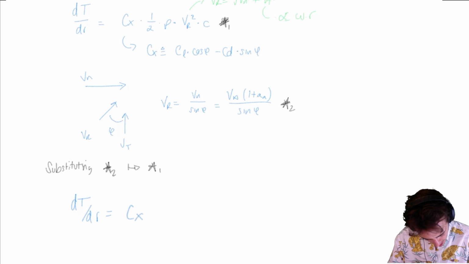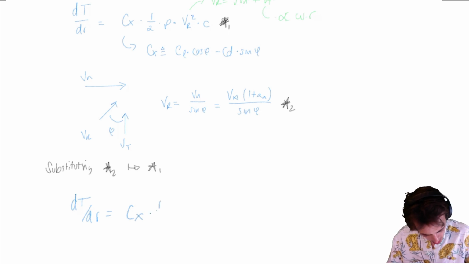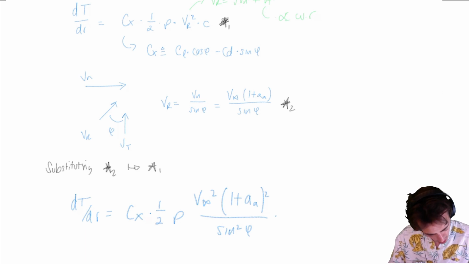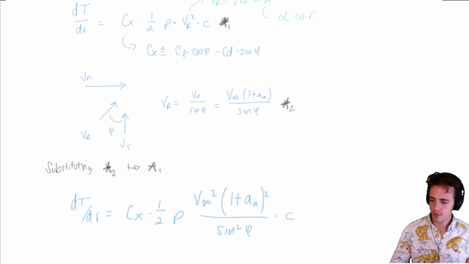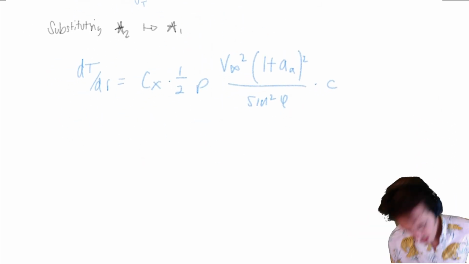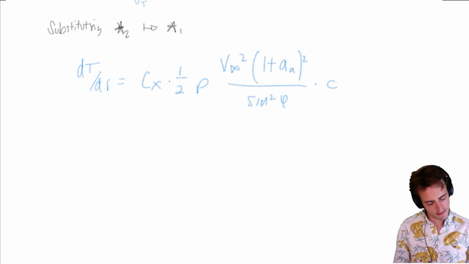So we get Cx multiplied by a half rho, and I'm going to have to square this whole expression: V infinity squared, 1 plus a, all squared, divided by sine squared phi, and then I've got a chord at the end. So this is my thrust and torque gradient for a single blade.